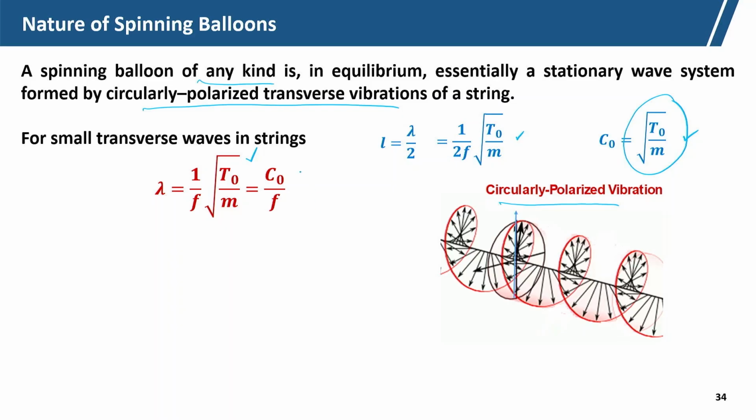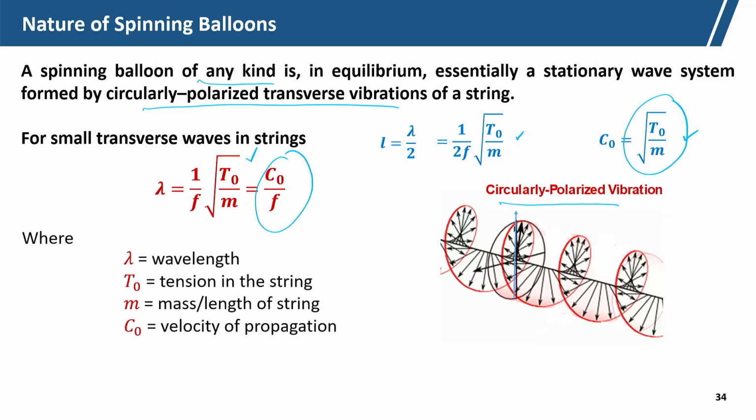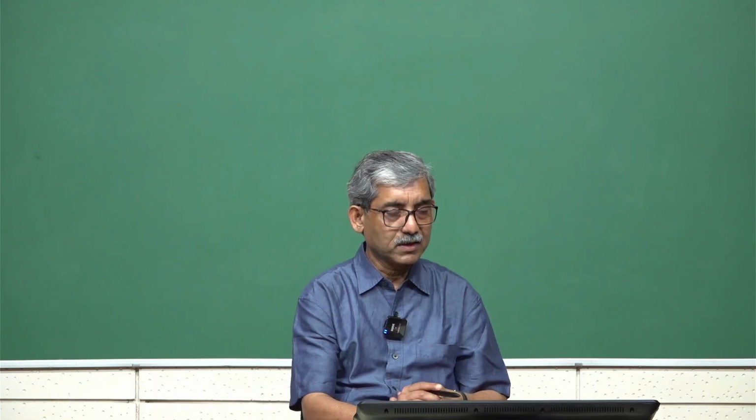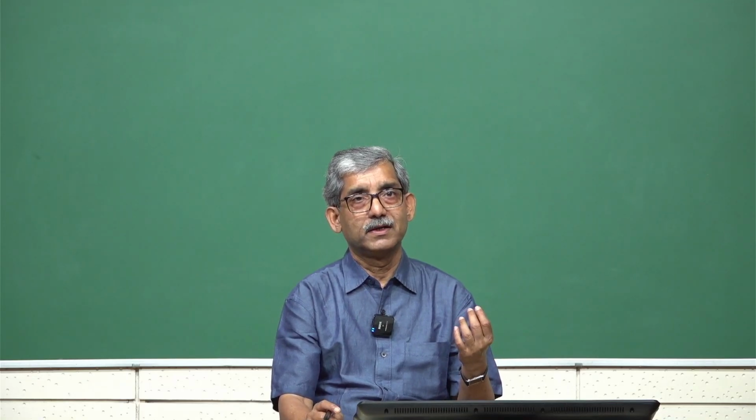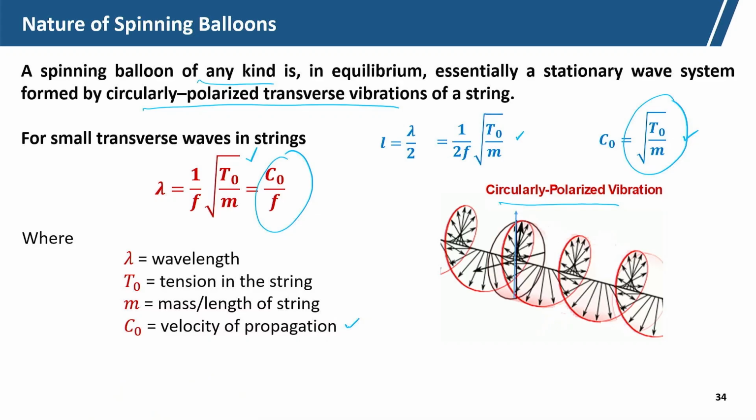So, lambda is equal to C0 by f, where C0 is the velocity of propagation. So, here it is not simple vibration, the vibration propagates. Lambda is the wavelength, T0 is the tension of the string, that is the yarn tension in the present case. m is the mass per unit length of the yarn.